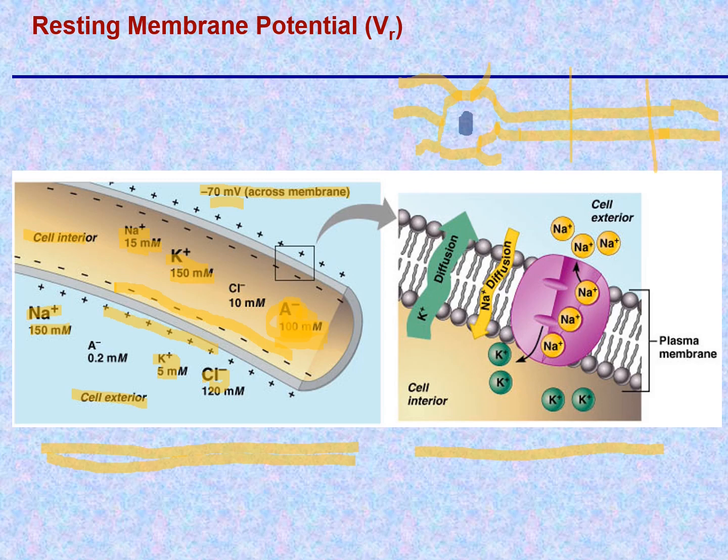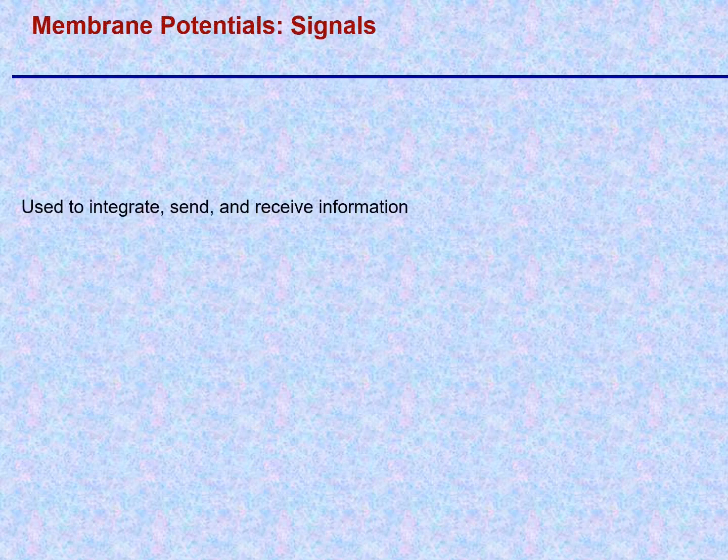And the fact that the sodium-potassium pump is pumping out 3 sodiums for every 2 potassiums it pumps in, so more positive charge is going out than positive charged potassium coming in, and thus that contributes to the development and maintenance of that minus 70 millivolt resting membrane potential.